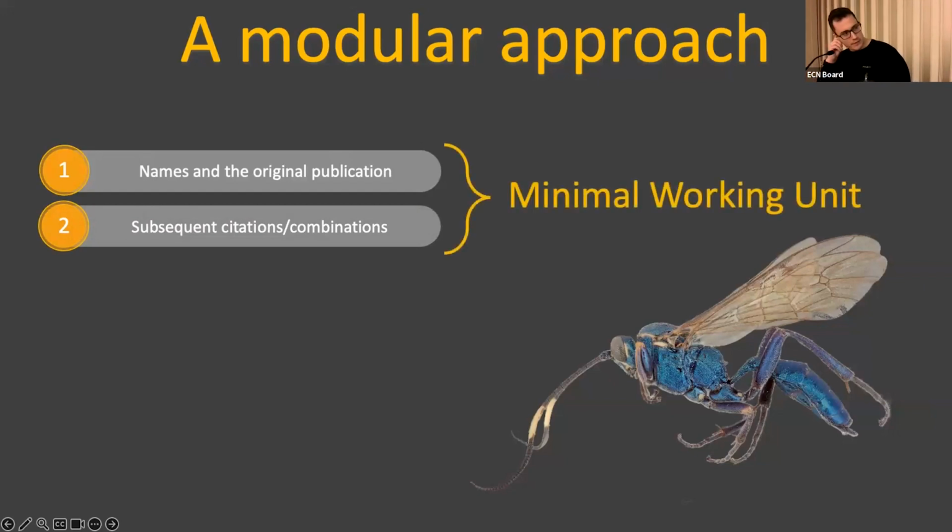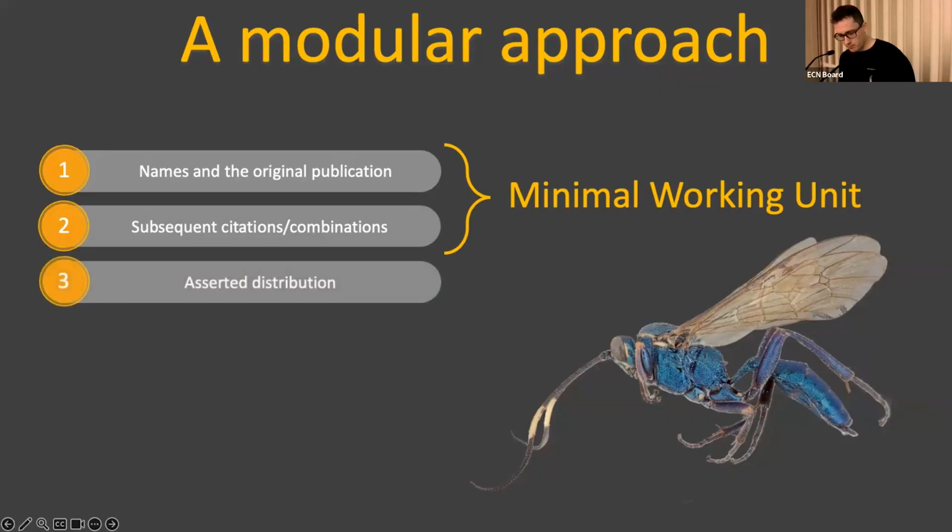This will already give us a sort of minimal working unit that we can use right away, and researchers can also use, download the names, understand what all these names are and what the references referencing those names are, of course. Then we can input the asserted distribution. Some of us, me, do all of this together.